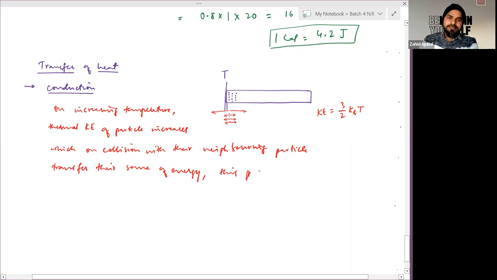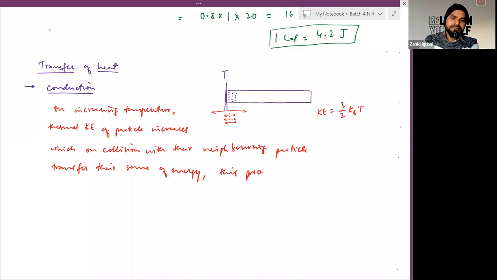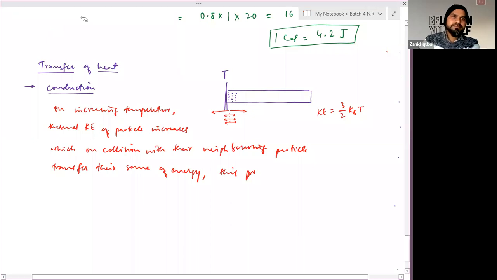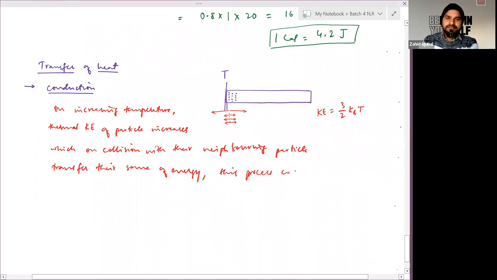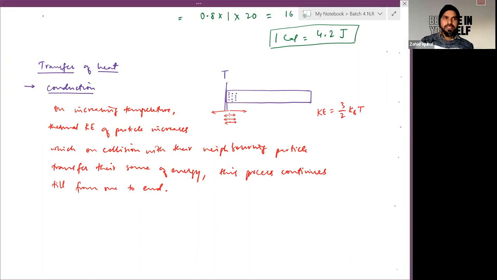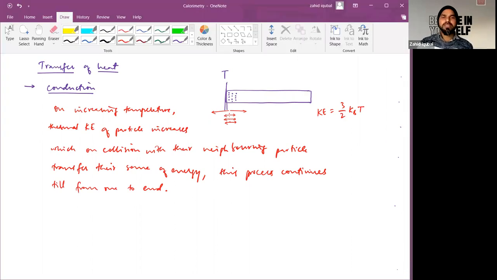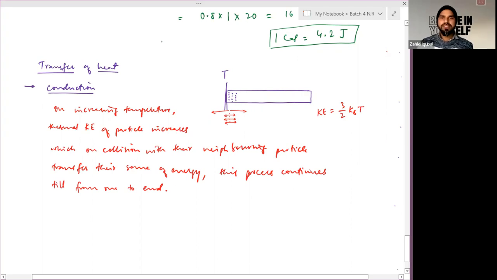This process continues from one end to another end. This process of transfer of energy or heat is called conduction. Just write it down.